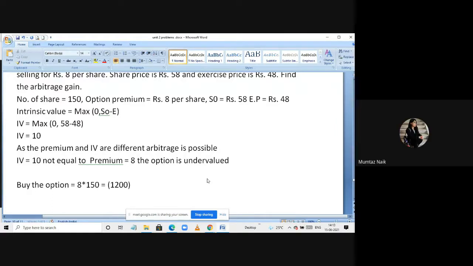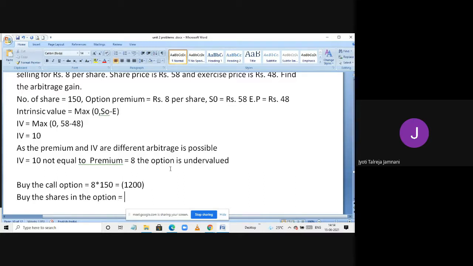Yes, ma'am. So you're paying 1200. Now you have bought a call option. So we'll write here buy the call option. So call option means right to buy. So now you have a right to buy the shares also. You already have the option in which you can decide whether you want to buy the shares or not. So you decide to buy the shares. So you say buy the shares in the option.